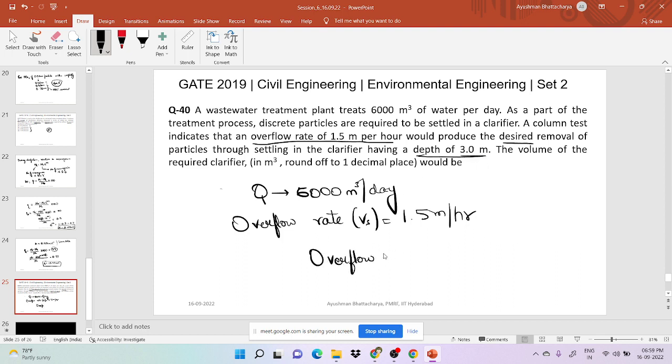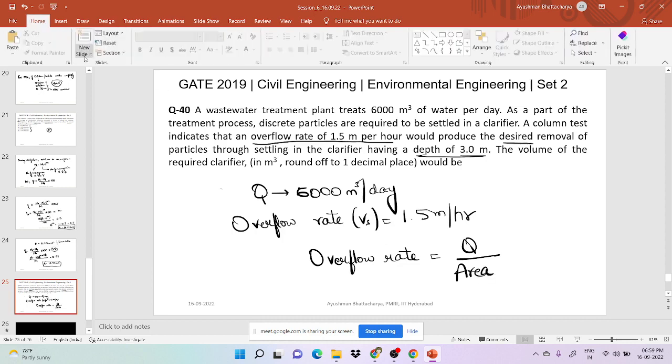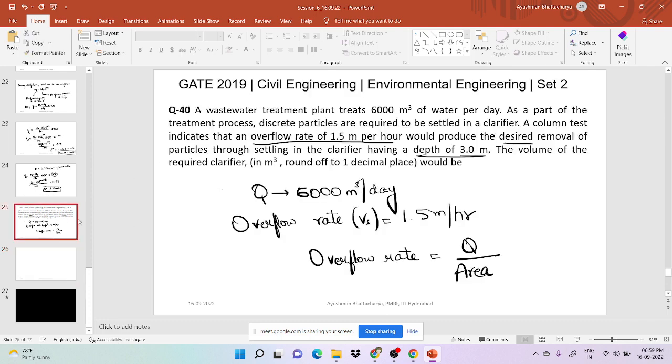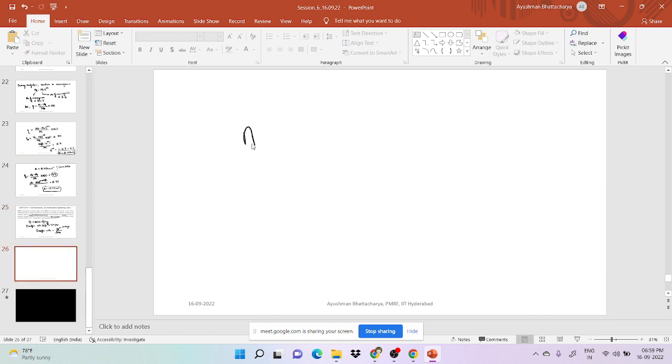Based on the previous sessions, you might know that overflow rate is equal to Q upon area, where Q is the discharge. So area we can calculate as Q upon overflow rate.